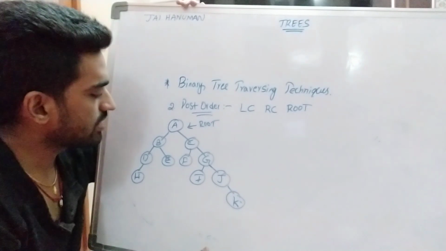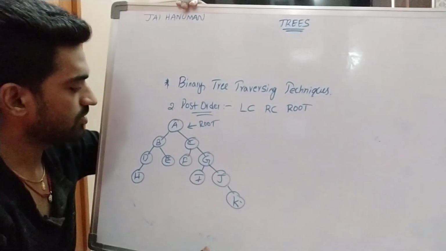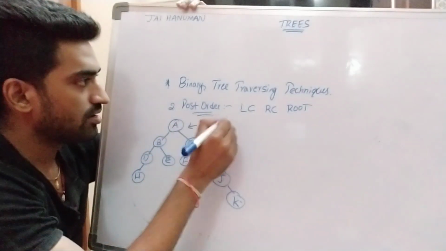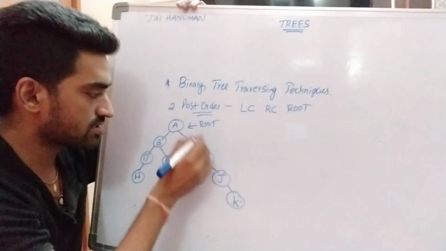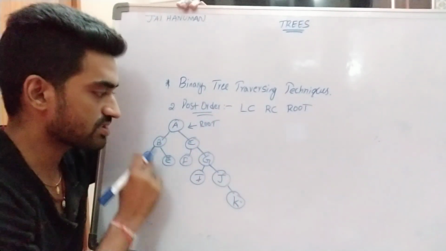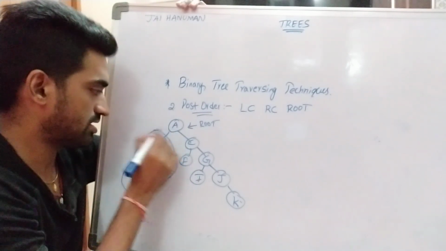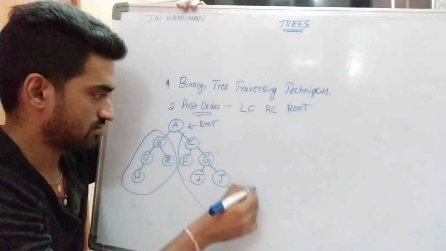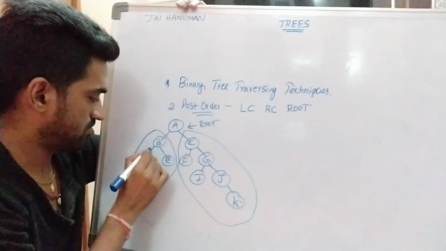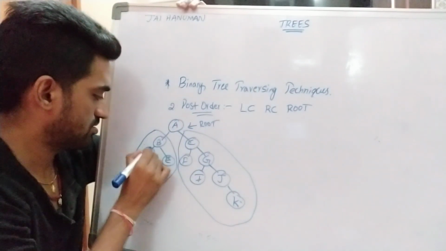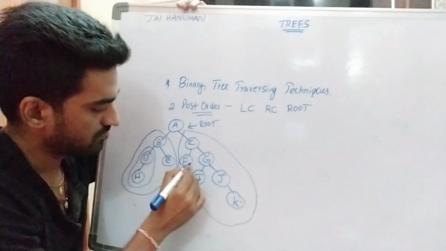So first of all we visit the left subtree. So this tree contains subtrees, right? So first of all we are dividing into subtrees. So again it contains a left subtree.